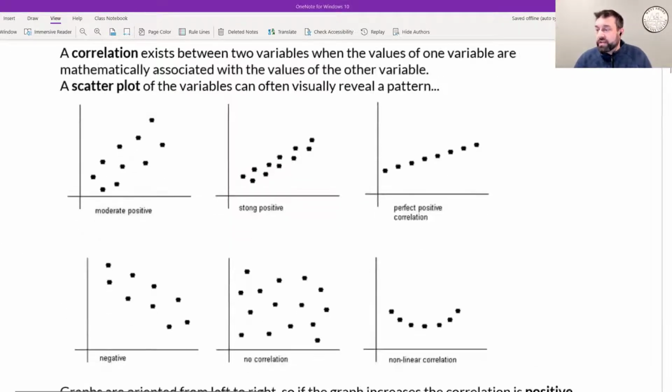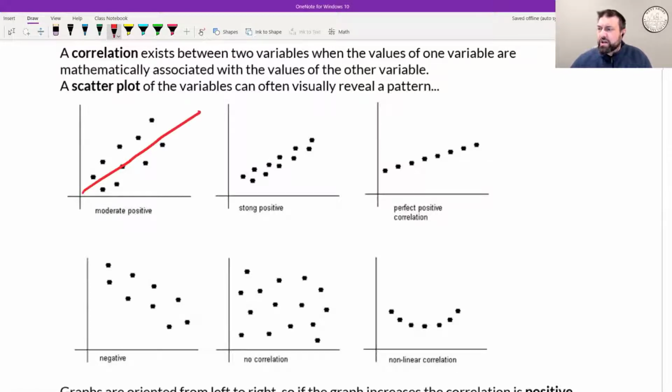Okay, so here are some examples of correlations. You could have a moderate positive correlation. A moderate positive correlation would look something like this. You can see each point is pretty far away from that line, and you'd have some pretty big areas of squares if you were to make this. So that would be a moderate positive correlation. This would be a strong positive correlation.